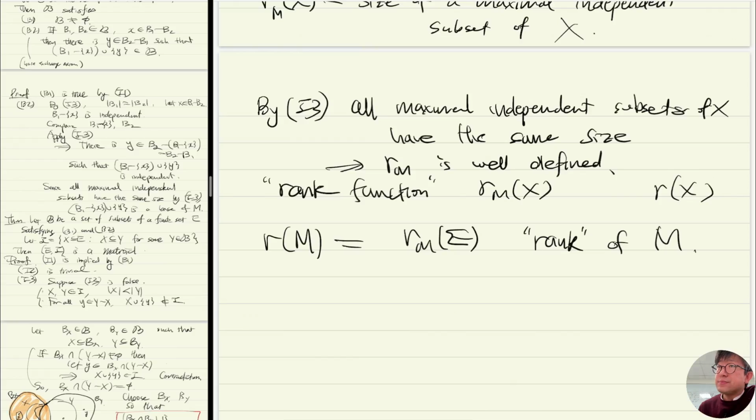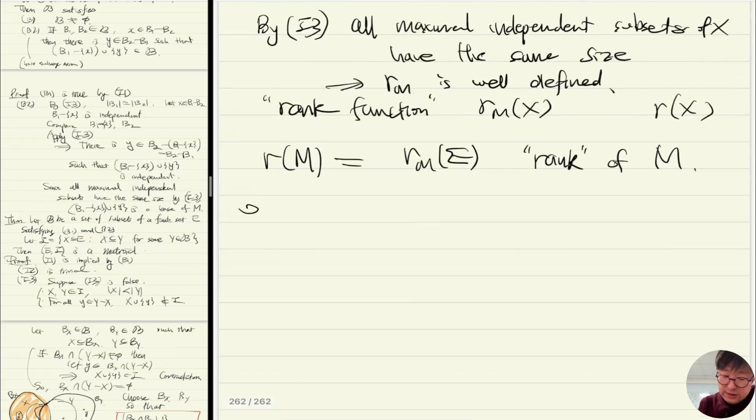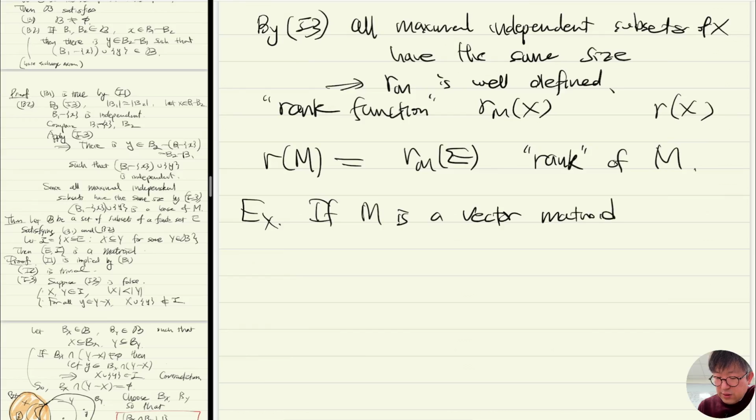Okay. So for instance, if M is a vector matroid, right? So you have a matrix. Let me just give an example, right?